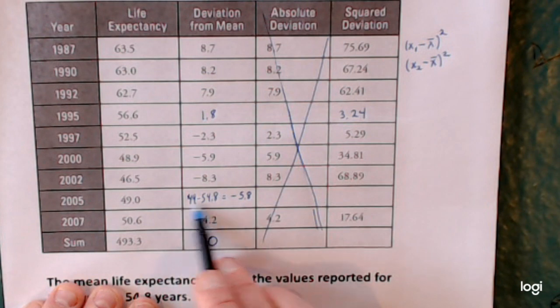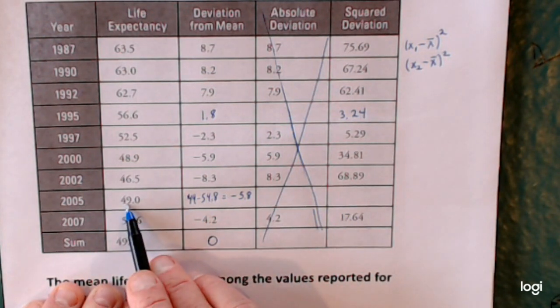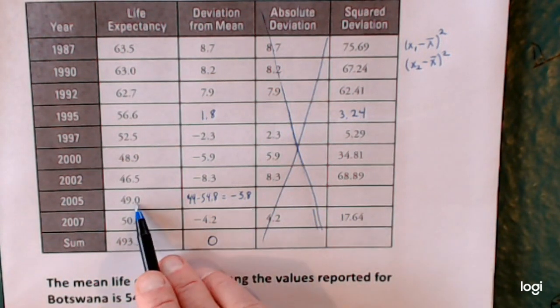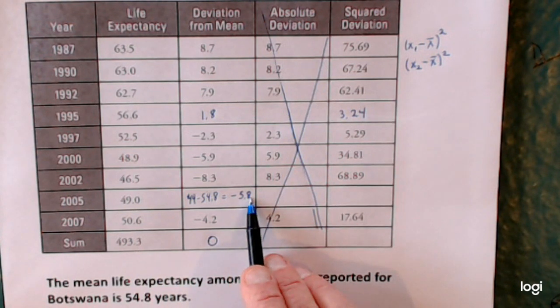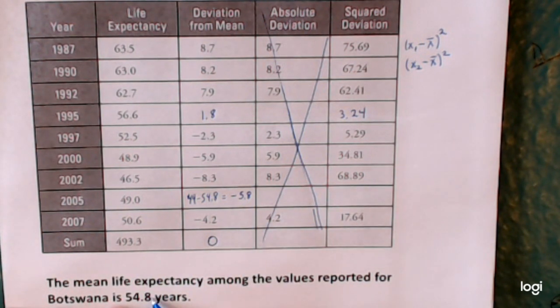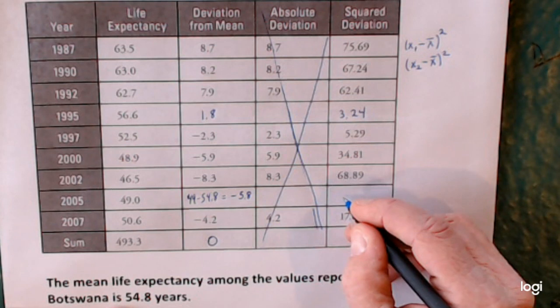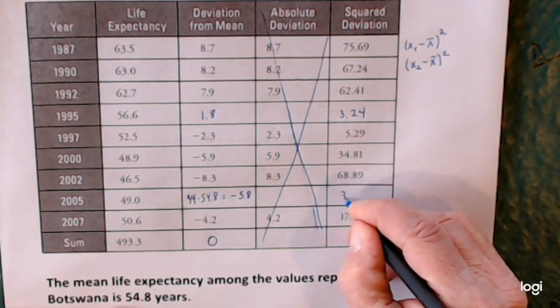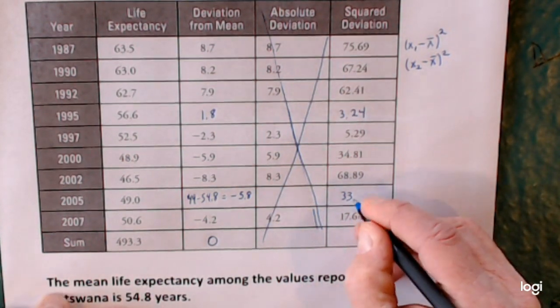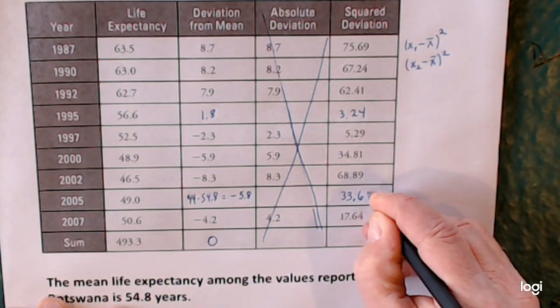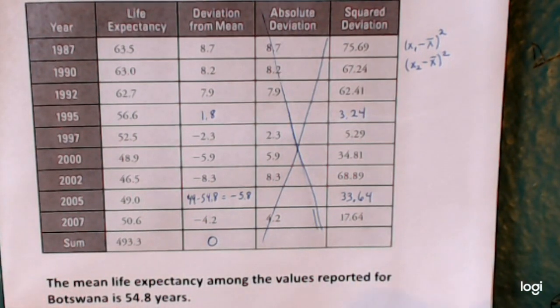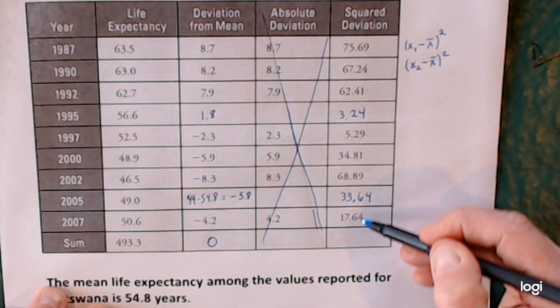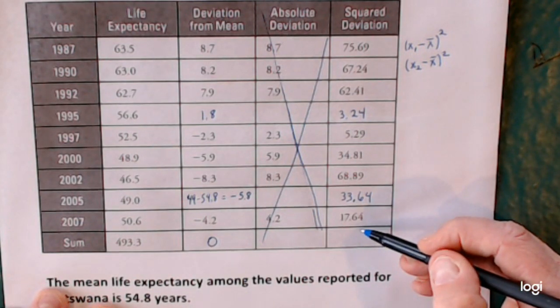My deviation here, the one I have to fill in, the deviation in 2005 was negative 5.8 years below the mean. I square that, and I get 33.64. All these squared deviations are positive.